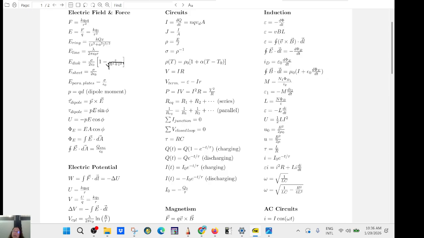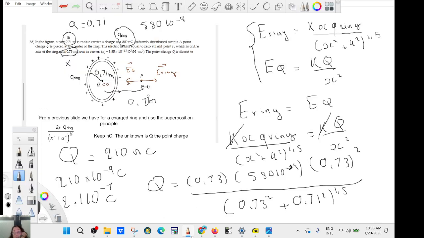I thought it was just the force equals that. No, the force is this. You have two Q. The electric field is the force per 1 coulomb. I understand, I'm just asking why it's E times Q, like on the paper. E ring equals EQ because we want them to kill each other, so the electric field equals 0. I think it's a notation.